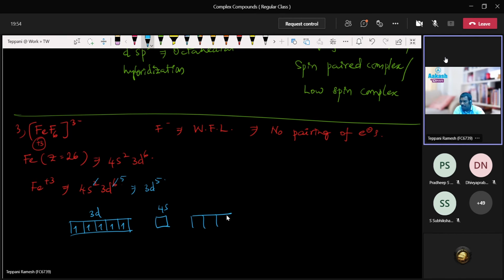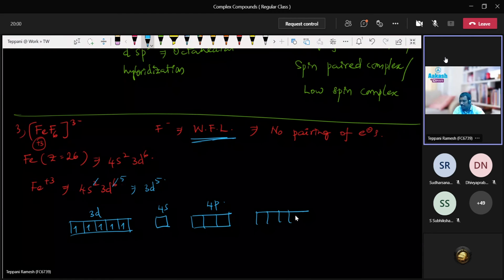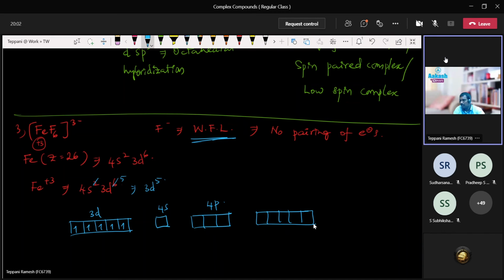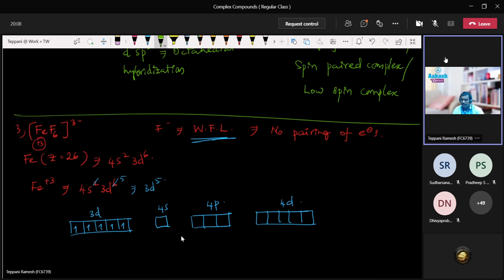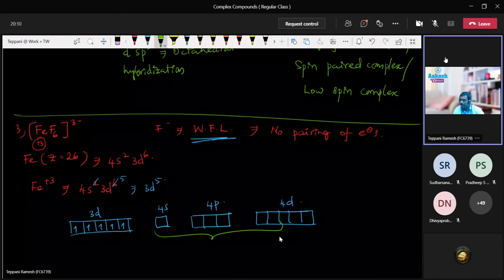This is weak field, so no electron pairing. 4d, so that you have to utilize like this, sp3d2.